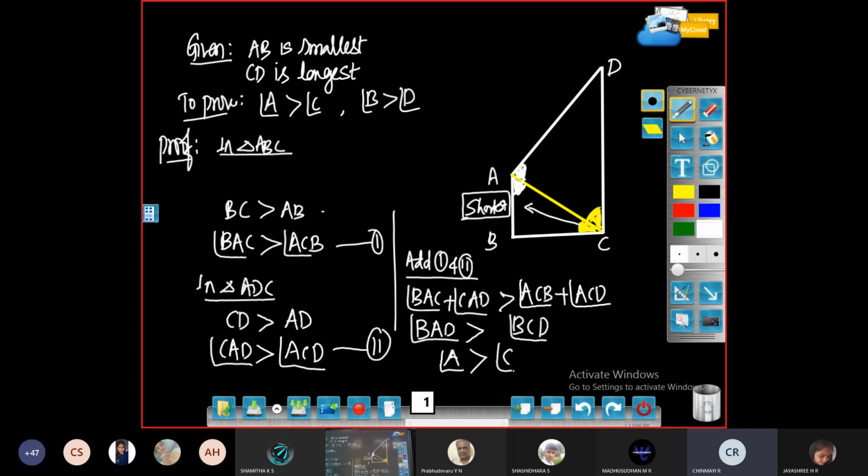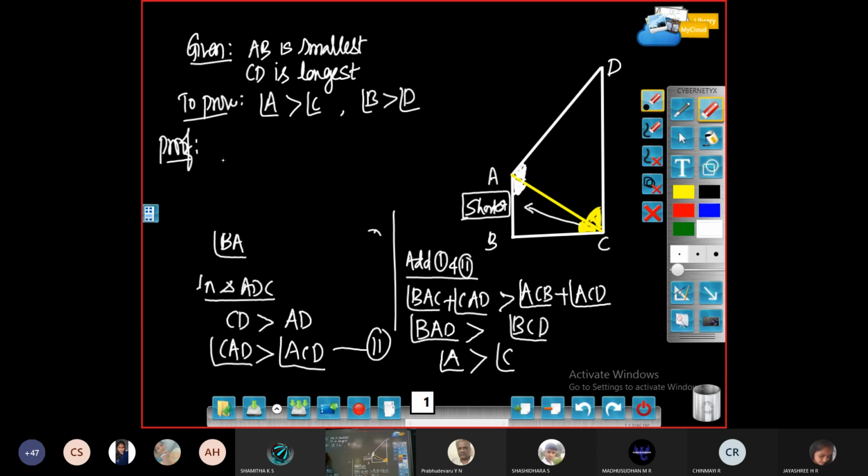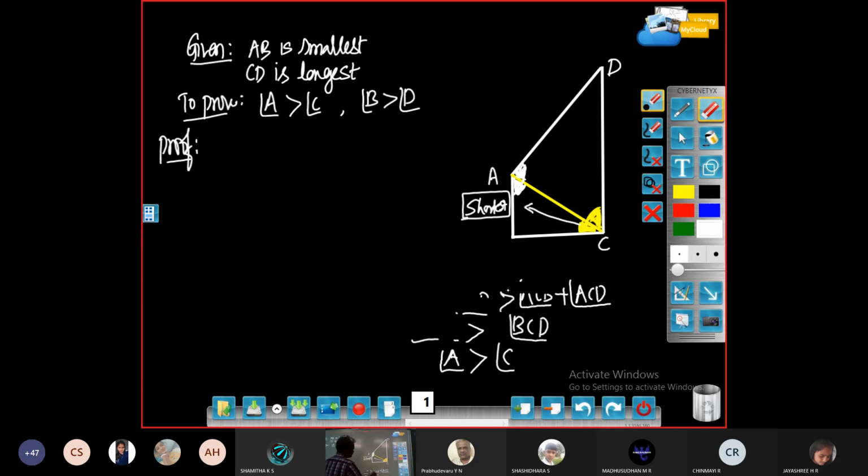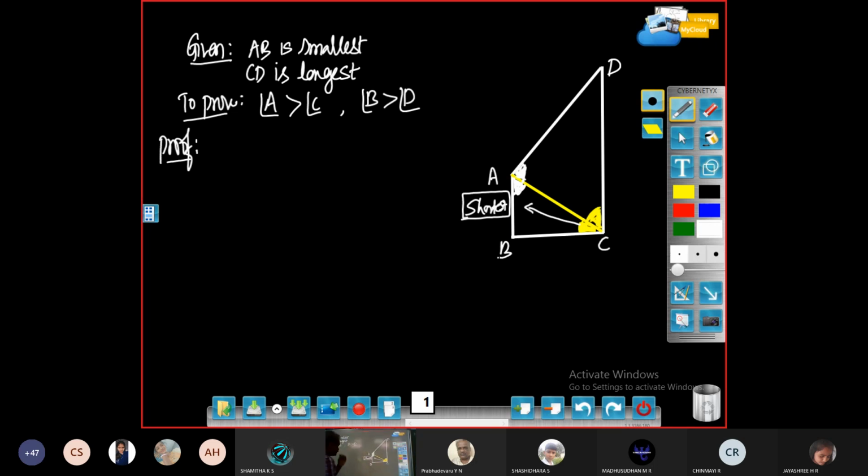So we will write the second part here. Now again we will remove this diagonal line.